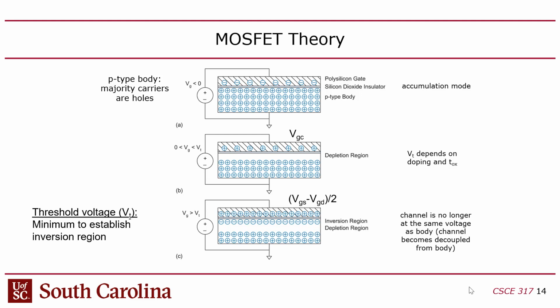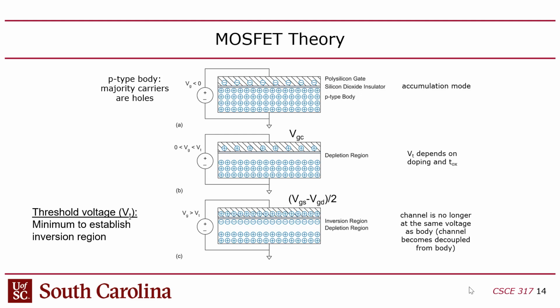If the gate voltage is lower than a certain threshold, which is V sub T, then the transistor is in what's called accumulation mode, which means the body is filled with majority carriers. Again, the P-type body, P is positive, so you've got all these little plus signs in here. These are holes. And there's no current that flows.